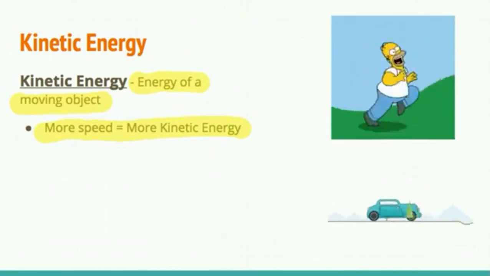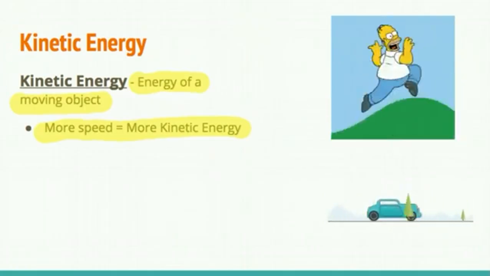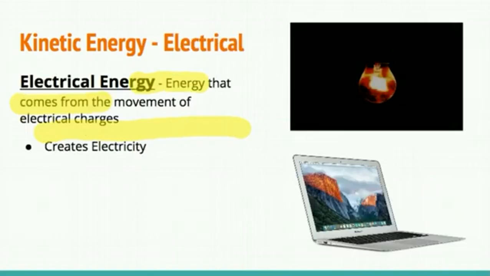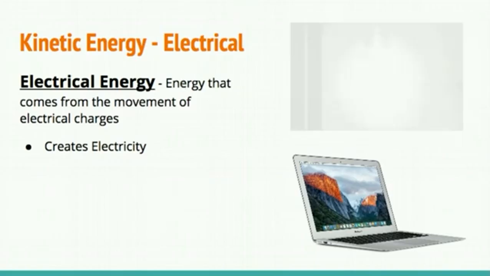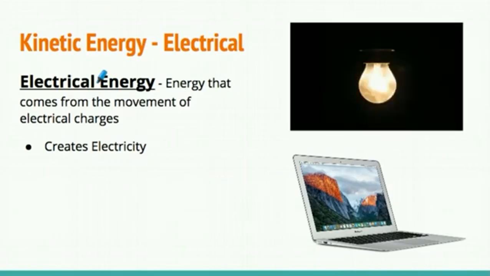So the next one is electrical energy, and this is a big one because we use technology so much, so we're reliant on electrical energy a lot. What would you do if you didn't have your iPhone, or if you didn't have a cell phone, or a computer like the one you're probably watching this on right now?